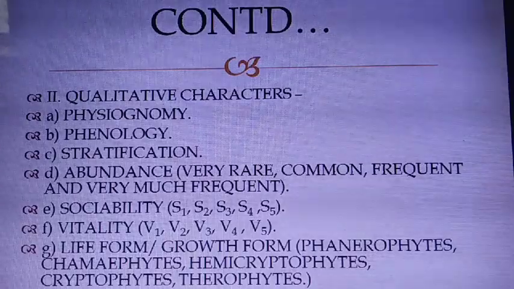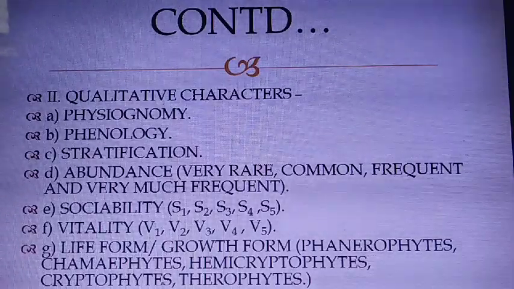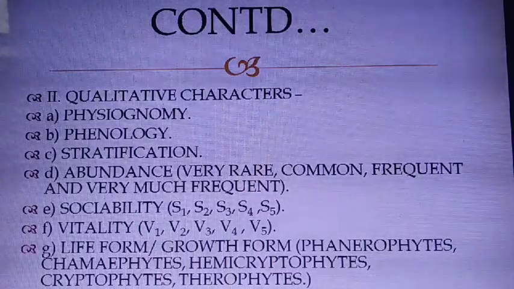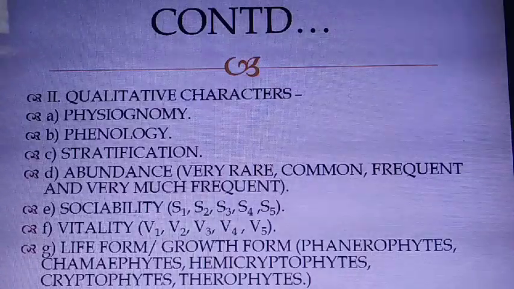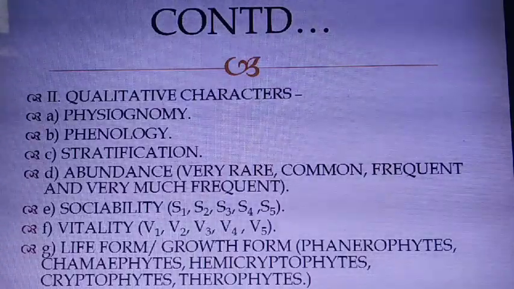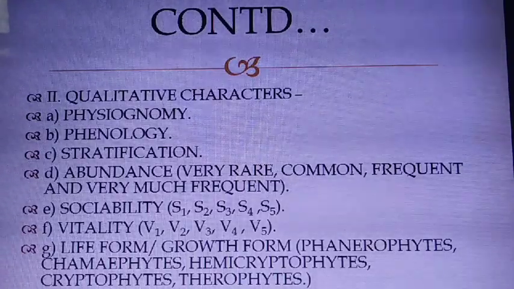Again, this is a term in the qualitative characters too. Next comes sociability. It is given under five scales: S1, S2, S3, S4, S5. And then comes vitality, V1, V2, V3, V4, V5. And then life forms or growth forms.